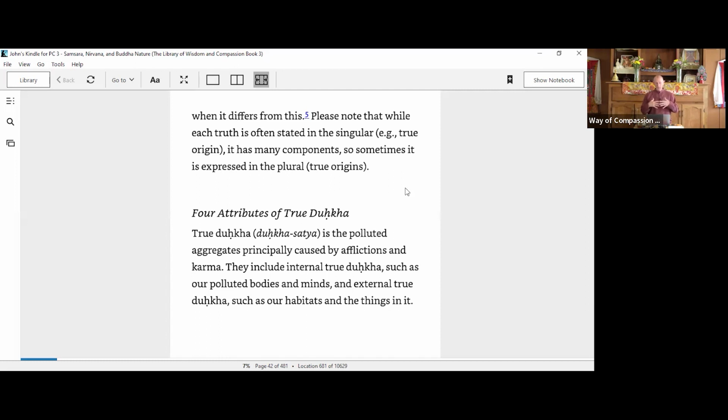So they're all contaminated, they're polluted, and principally caused by afflictions and karma. Often you'll hear the word klesha and karma. So afflictions and karma.